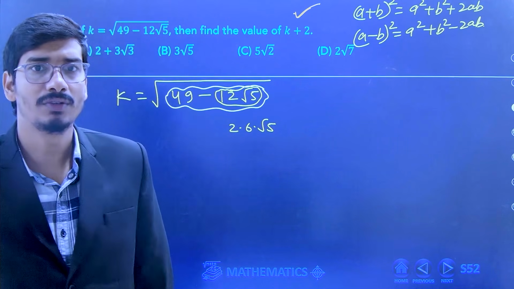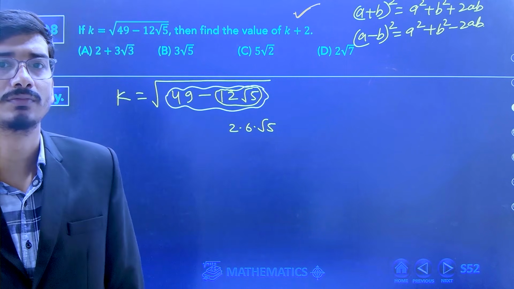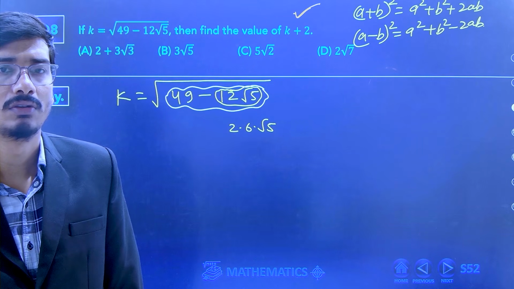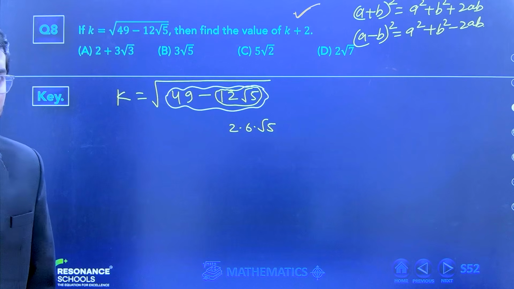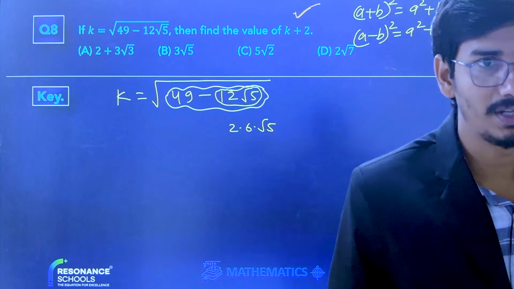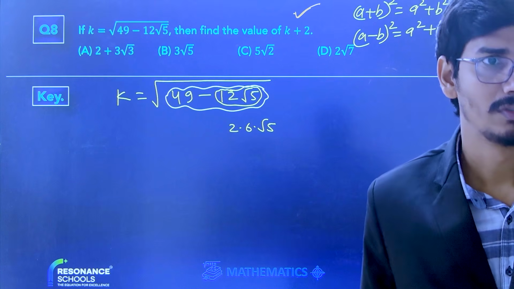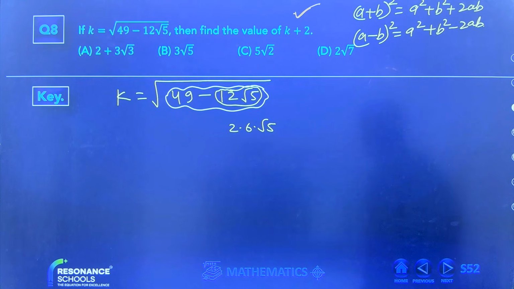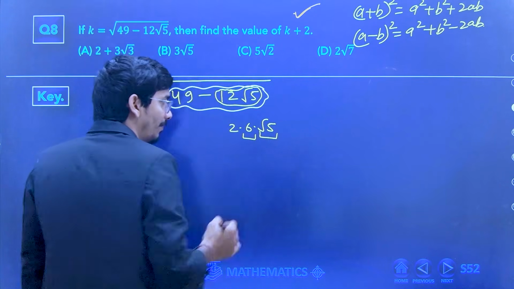So 12 into root 5 is 2 into 6 into root 5, that is 2 into A into B. If you see, beta, A is 6 and B is 5.